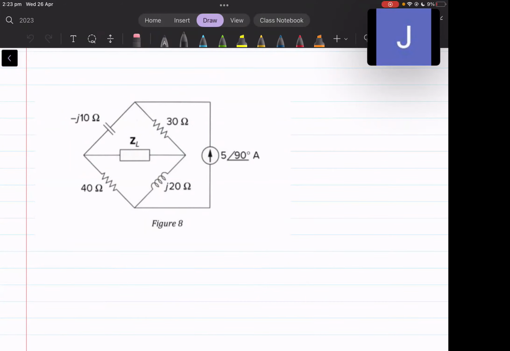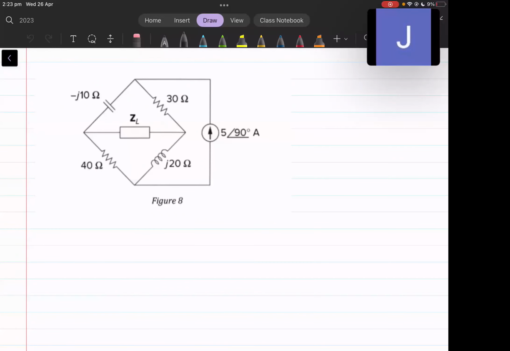So this question has a little more to it. Here we want to find what ZL should be to get the maximum power flow. So in that case, our first step is going to be to calculate the Thevenin equivalent, so the Thevenin resistance.